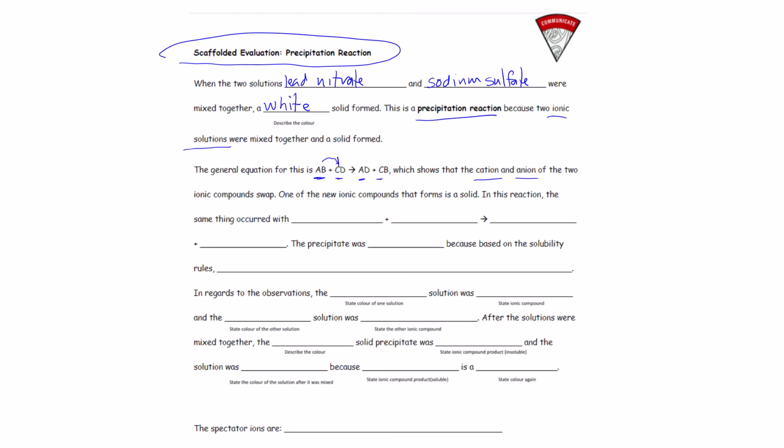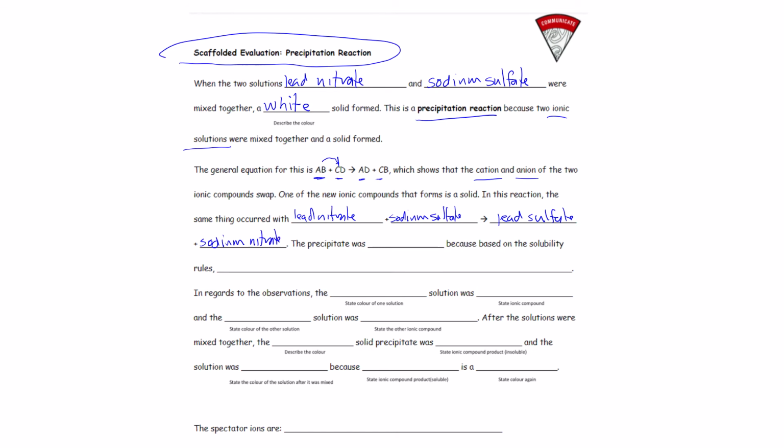In this reaction, the same thing occurred: lead nitrate plus sodium sulfate reacts together to form lead sulfate plus sodium nitrate.